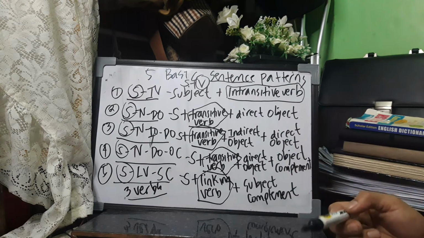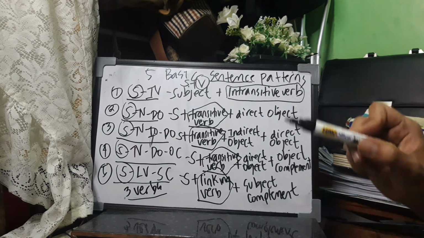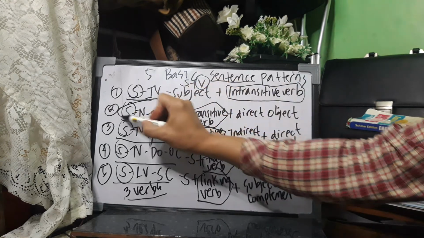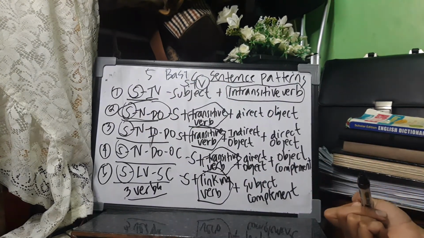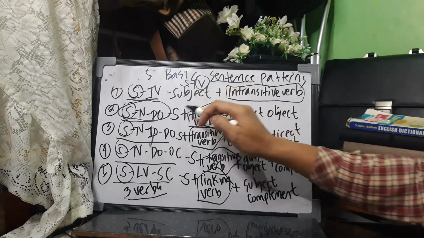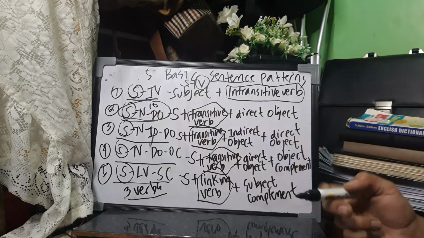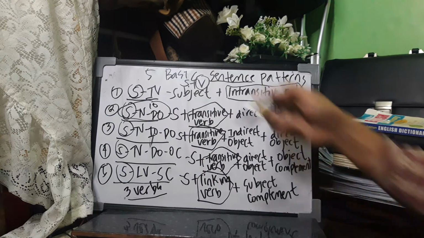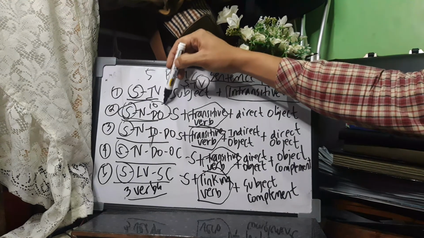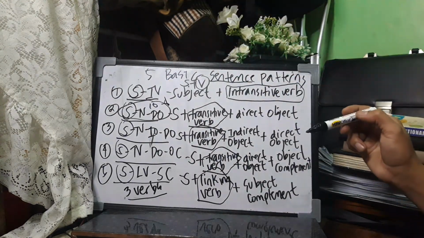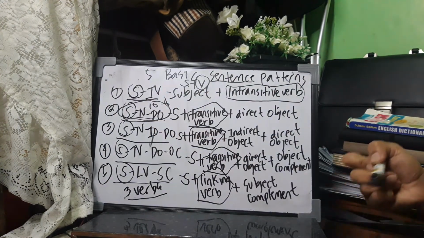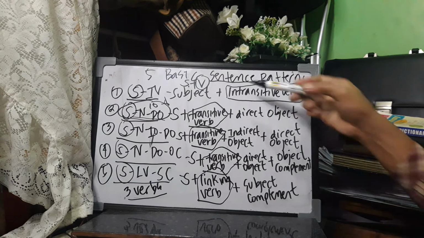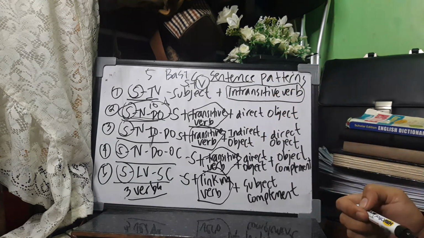To tell you honestly, a lot of students use STVDO. With my years of experience, if students write 10 sentences, for example, at least 8 of them are STVDO. So you have to ask yourself, which among the 5 patterns do you usually use?